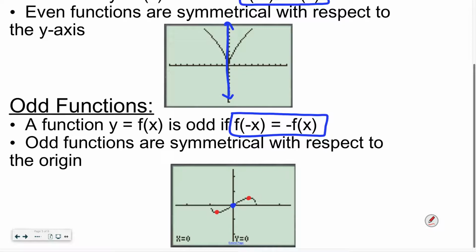That's what that is saying. Origin symmetry. Which ones have origin symmetry on that 8 basic function chart? A cubic function is going to be an odd function. The reciprocal function is an odd function. It's symmetric about the origin.